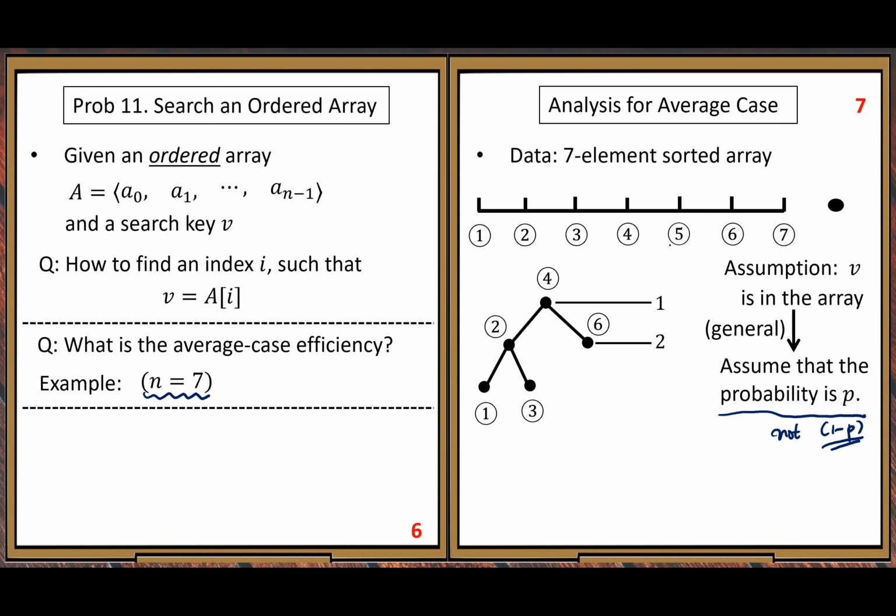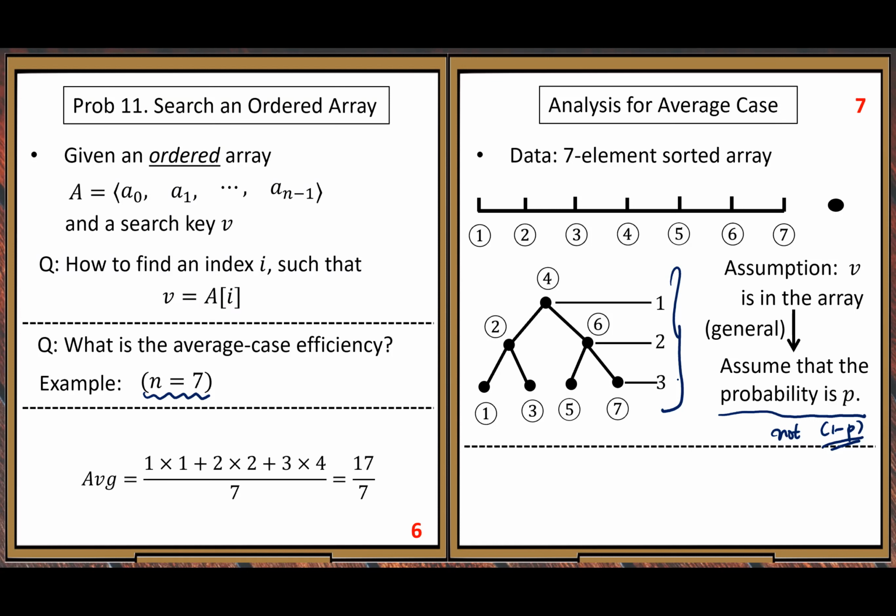Then the bottom level, V equals element 1, 3, 5, or 7, then we need 3 comparisons. So you can see all 7 cases are here. When we do the average, we should do it over all 7 cases.